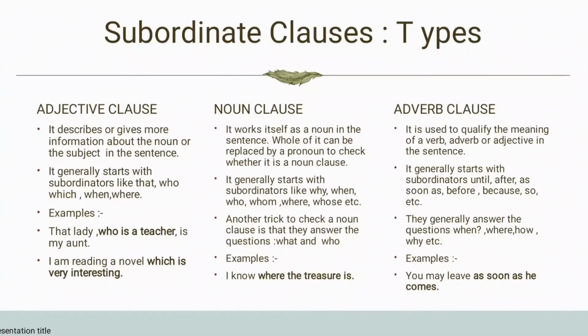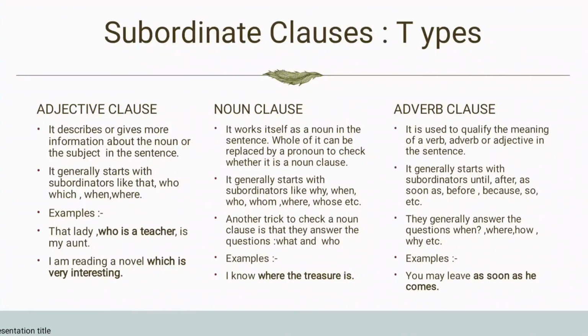A noun clause generally starts with subordinators like when, who, whom, where, whose, etc. And one more trick is that they answer the questions what and who.